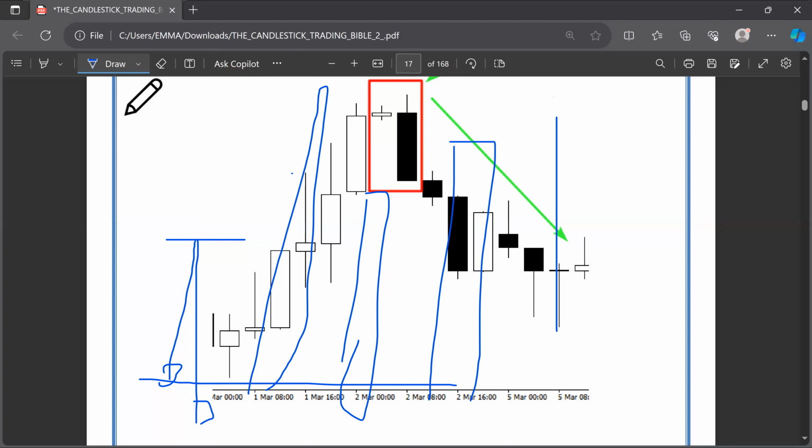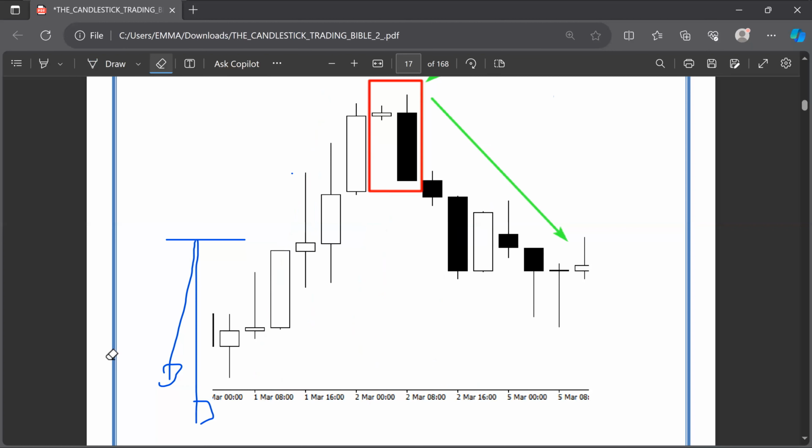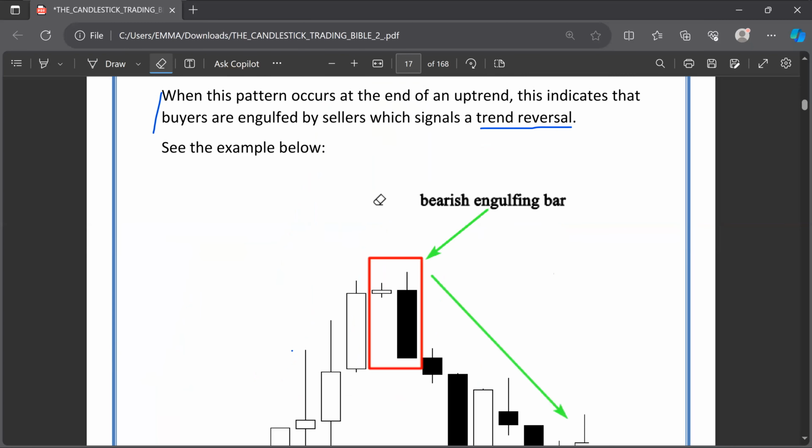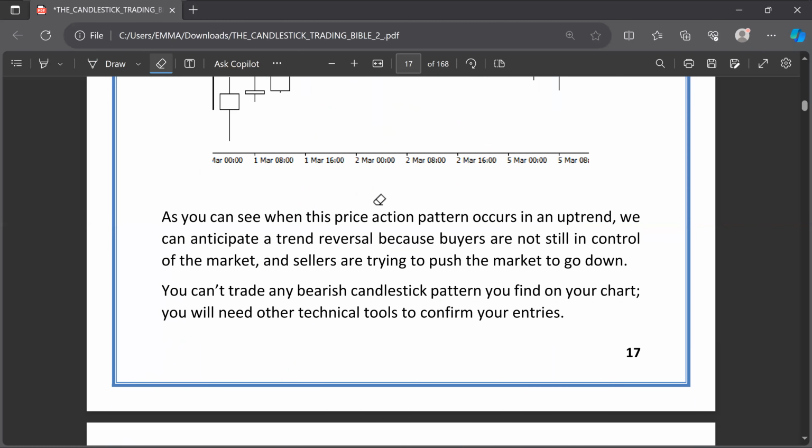You don't have to try trading such a market. You will always lose money. So that is it for the types of market structures. We are going to continue.